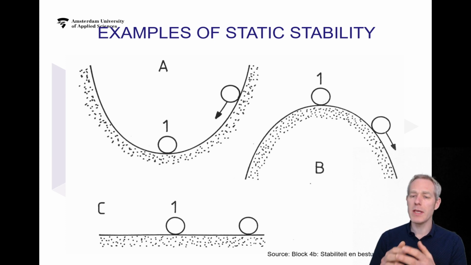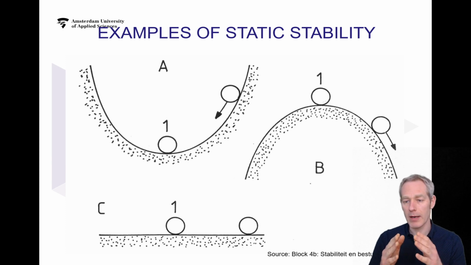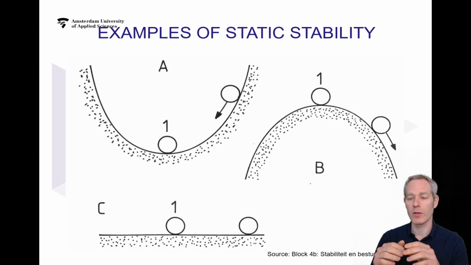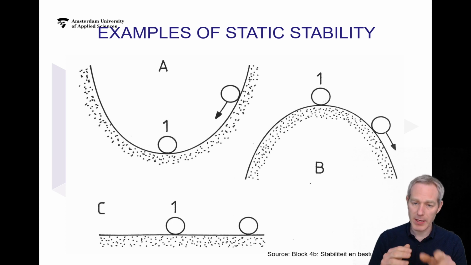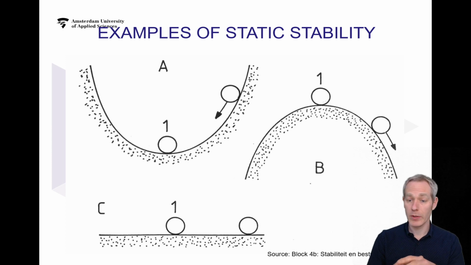Now, if we look at figure B, this system is not statically stable. If we move that ball just a little bit one way or the other, then it will keep on moving in the displaced direction and fall off this hill. We call that a statically unstable system.